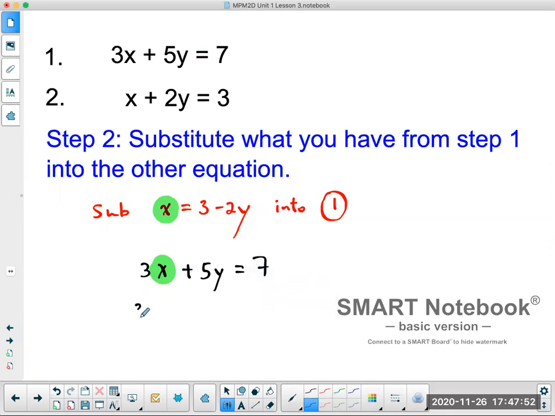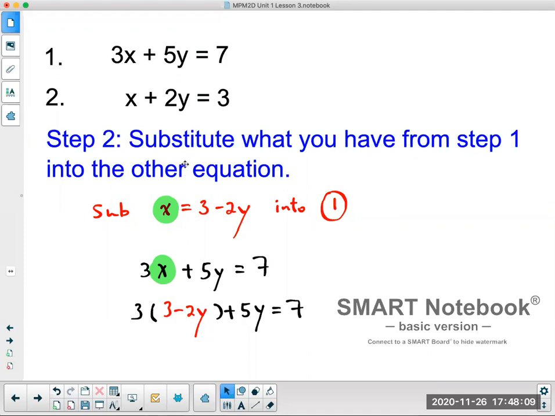So what you're going to get is 3 times a bracket plus 5y equal 7. And what goes in the bracket? It's going to be 3 minus 2y. This is called the substitution step. I substitute whatever I get from the first step into the other equation.